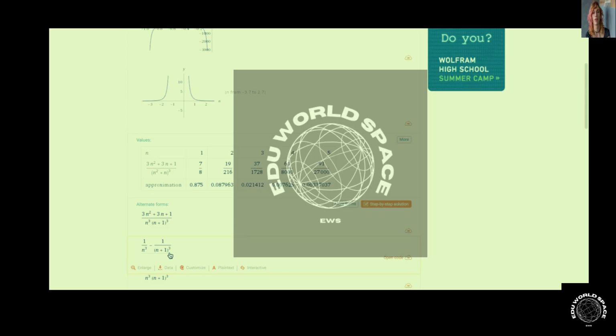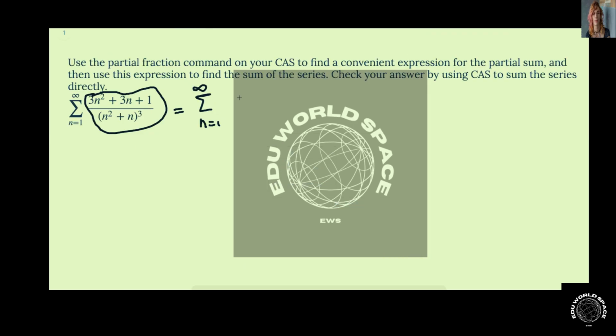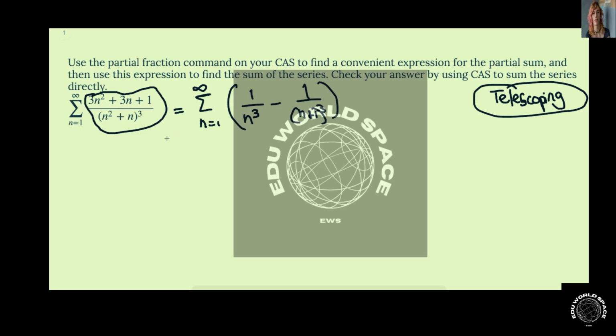So let's go ahead and replace this inside of the sigma notation. So that's 1 over n cubed minus 1 over (n plus 1) cubed. This will be much easier to work with, and we can actually use the telescoping method because this is a telescoping series, as we'll see.